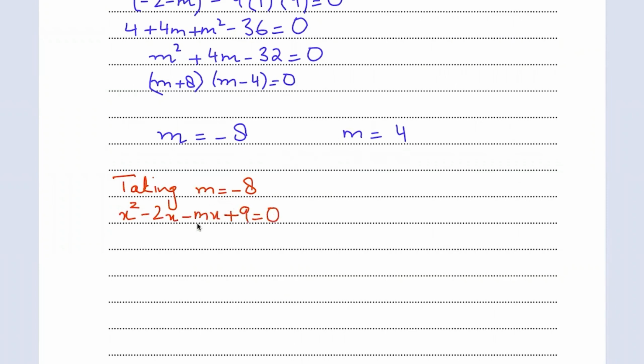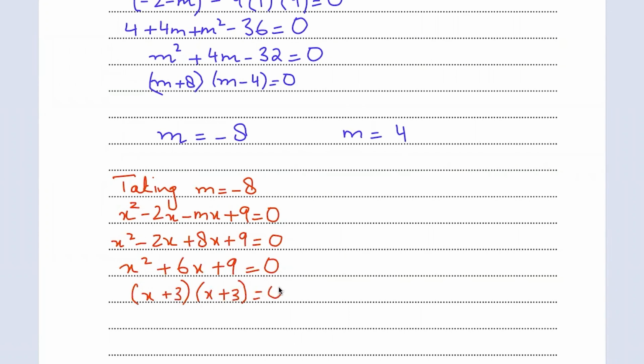Substituting m is equals to minus 8 over here, we get x squared minus 2x plus 8x plus 9 equals 0. X squared plus 6x plus 9. Factorizing this, we get x plus 3 and x plus 3. So the x value is minus 3.